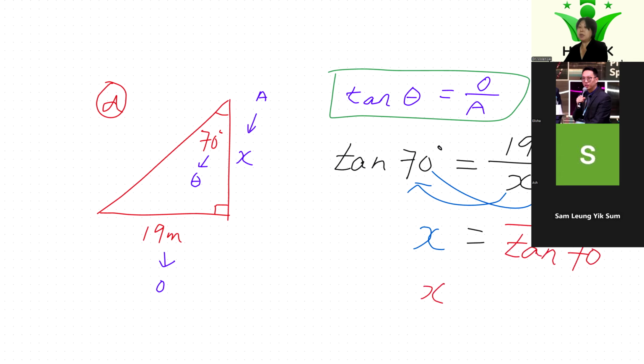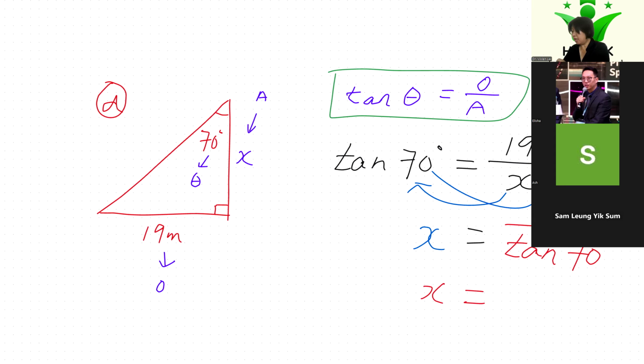I will press it one more time and show you how to solve it. Please be patient, okay? So again, turn it on. We have 19 over tangent 70. It's a fraction, so let's use the fraction key. 19, then go down to the denominator position.